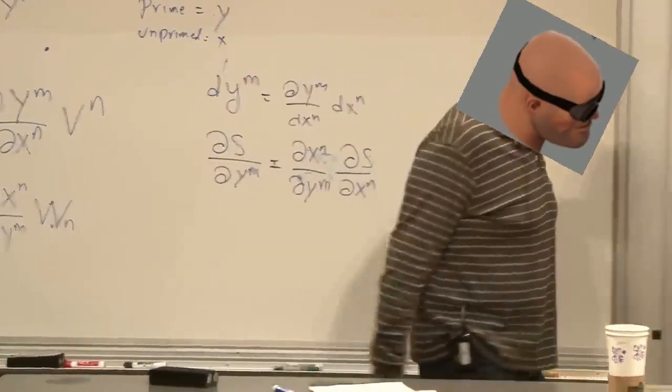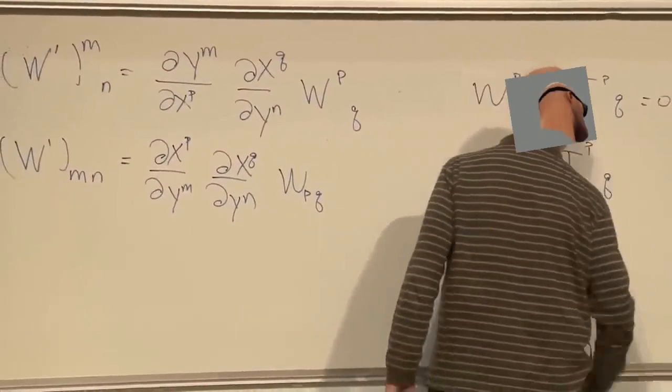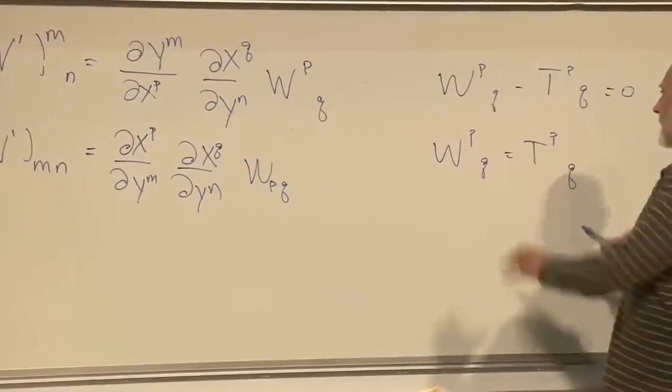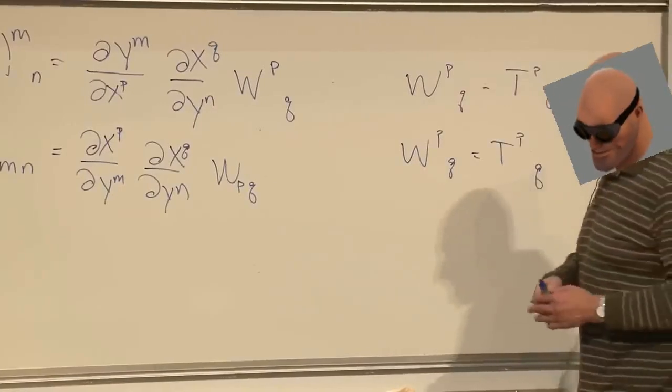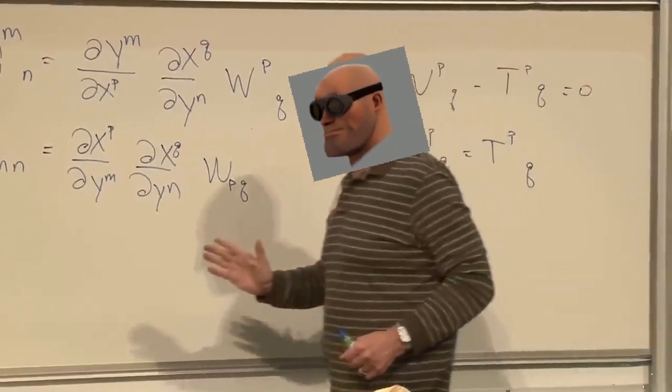Look, we can always write this as W minus T equals 0, right? If every component of this W minus T object is 0, then it's true in every reference frame.